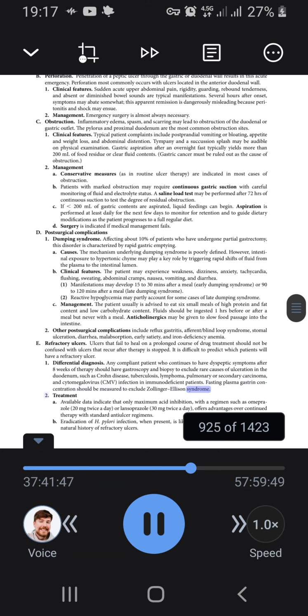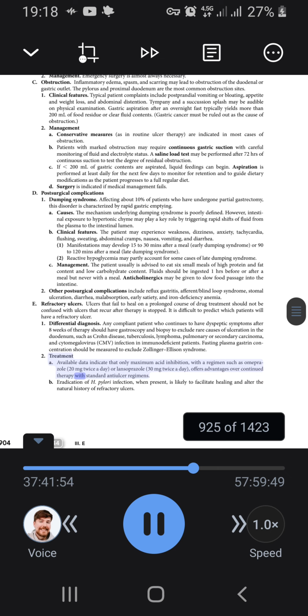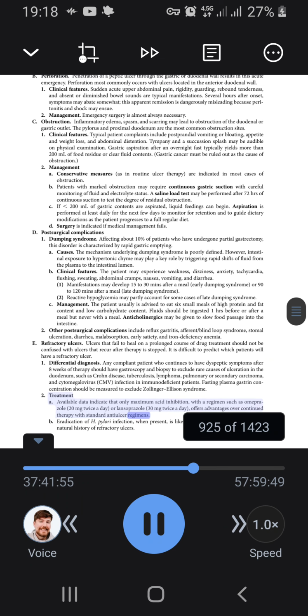2. Treatment. A. Available data indicate that only maximum acid inhibition, with a regimen such as omeprazole 20 mg twice a day or lansoprazole 30 mg twice a day, offers advantages over continued therapy with standard anti-ulcer regimens.